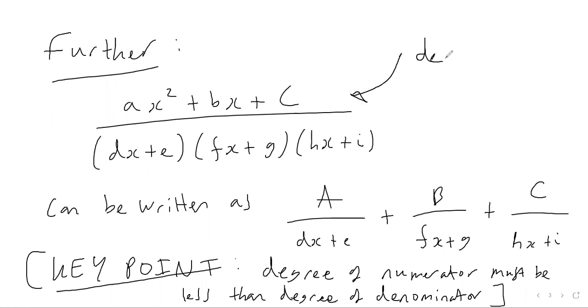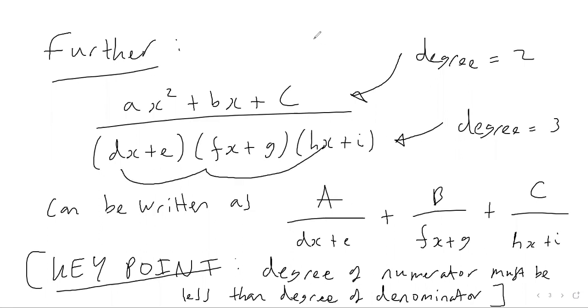The degree of the numerator here is 2, because the biggest power of x is 2. The biggest power of x of our denominator is 3, so the degree there is 3. When we expand the brackets, we would get an x cubed term. So the degree of the top is less than the degree of the bottom.